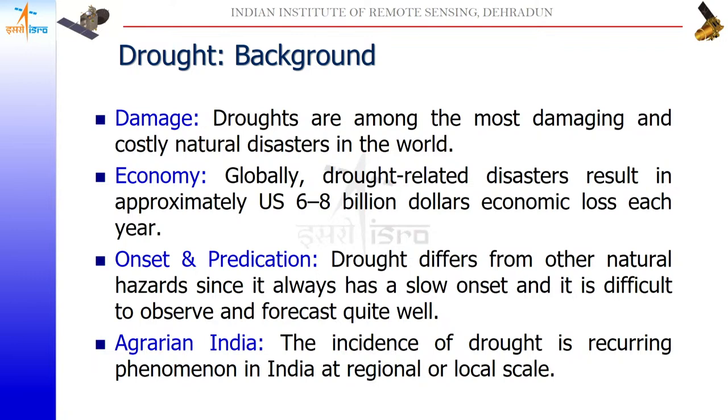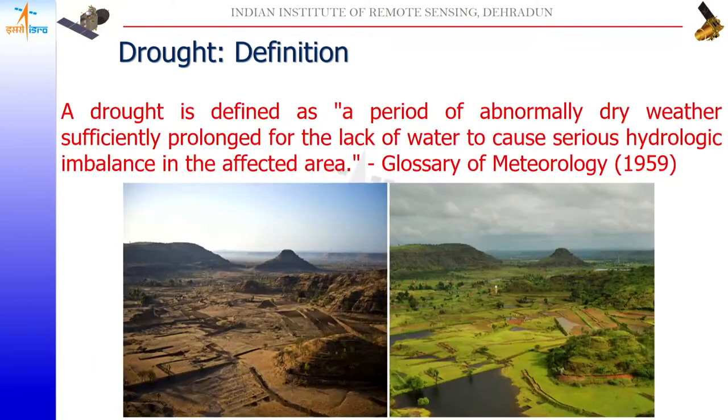So various parts of the country are significantly affected and impacted because of the recurring phenomenon of drought. This is all about the background part.